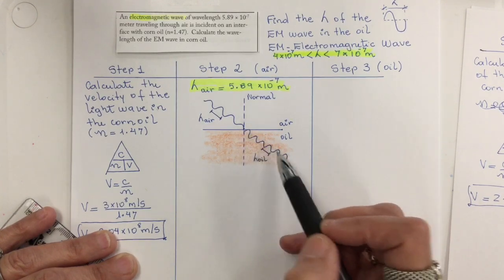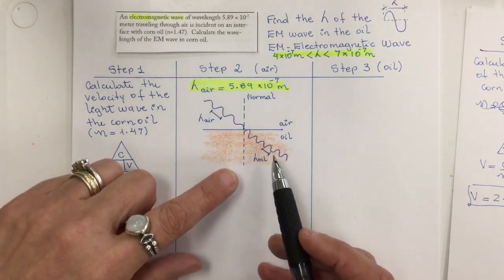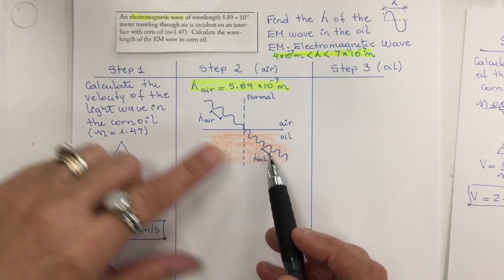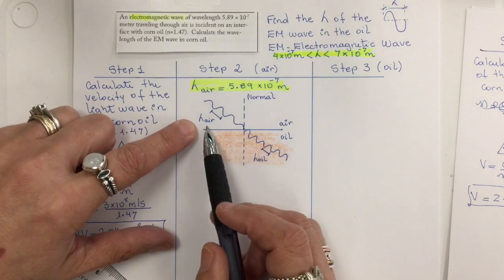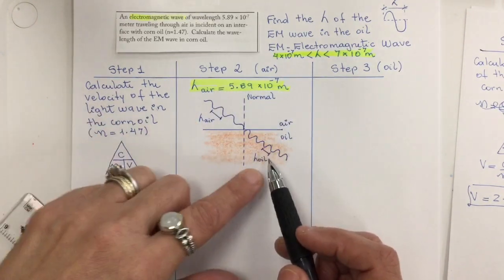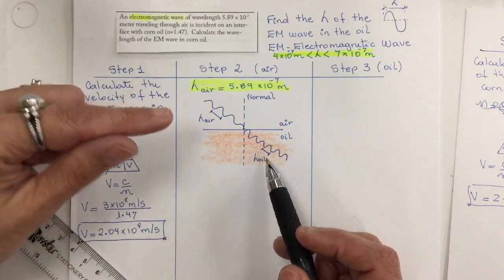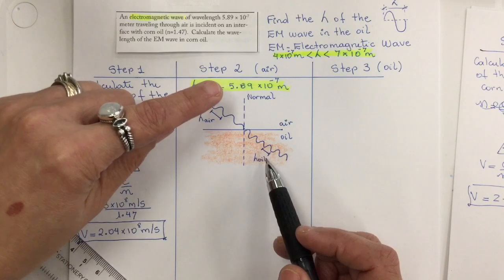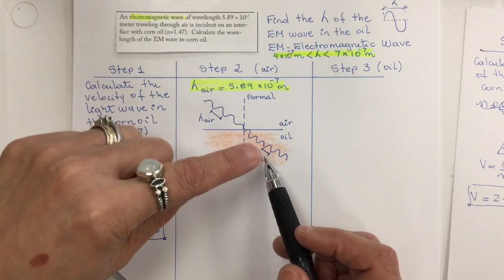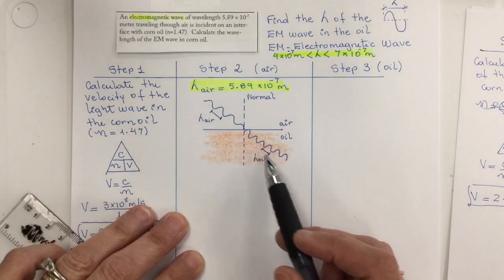As it's slowing down, it's going to decrease the wavelength. The wavelength in the air is this long. In the oil, we predict it will be smaller than this, because this material is more dense and the wave is going to slow down.